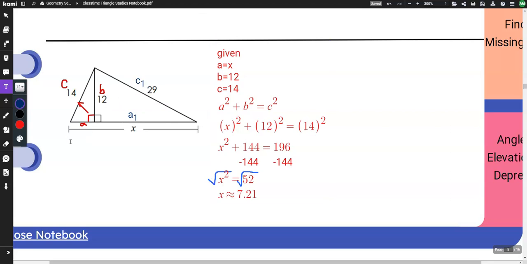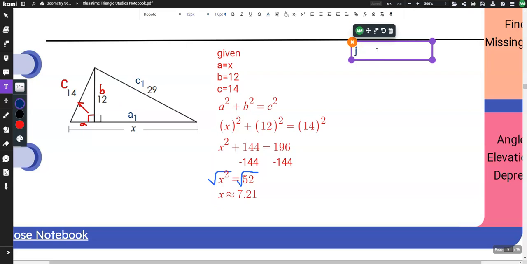And B will be the same. Now I'm going to make my list. So for A, I'm going to use X. And for B, I'm going to use 12 again. And for C, this time we are going to use 29.